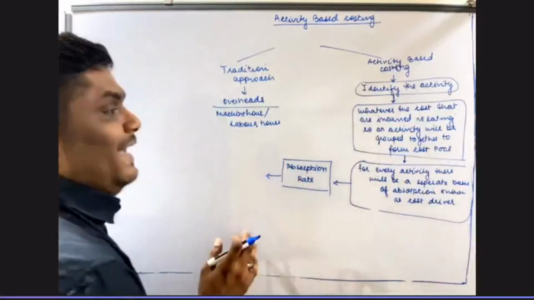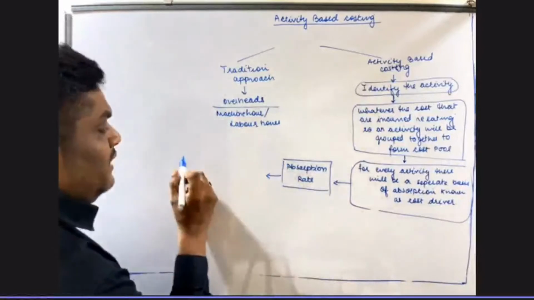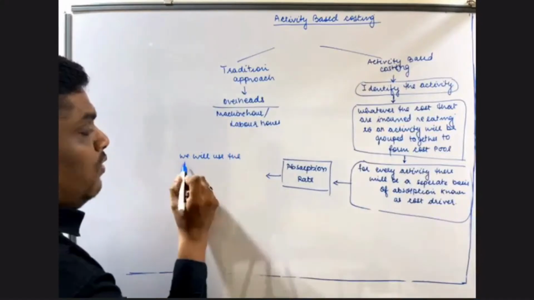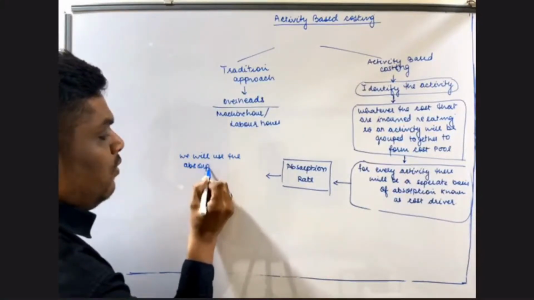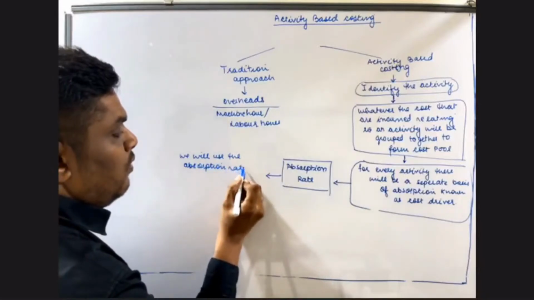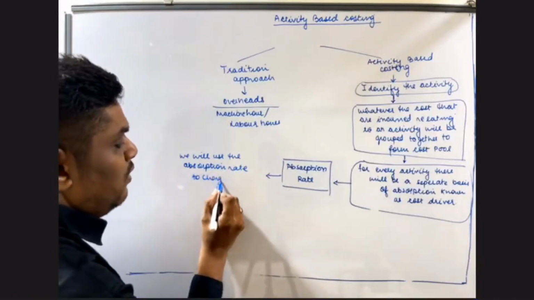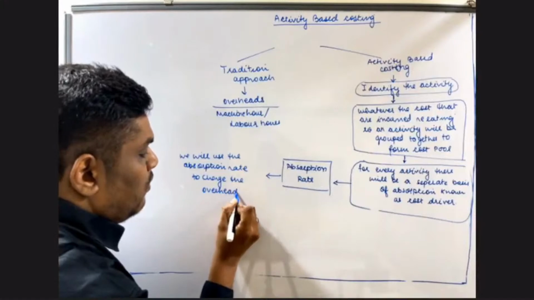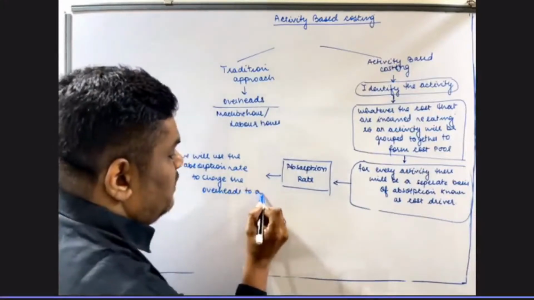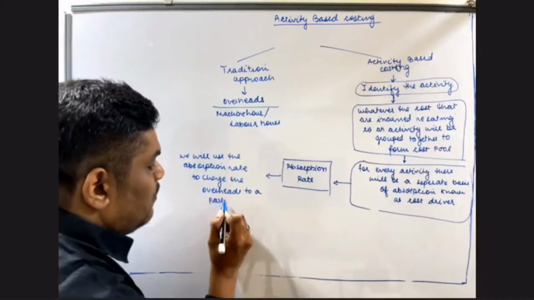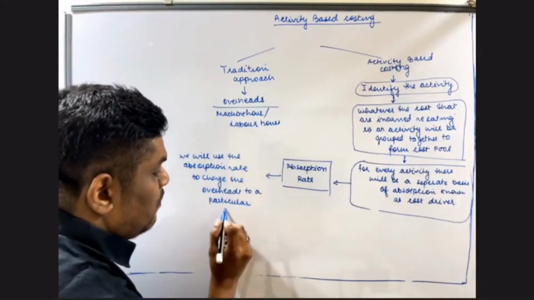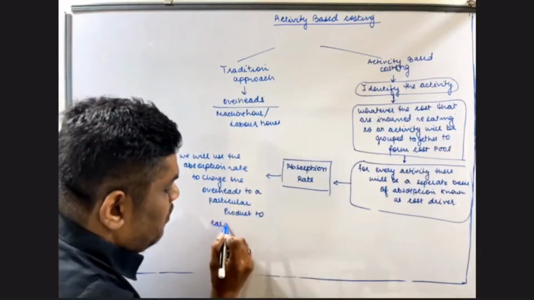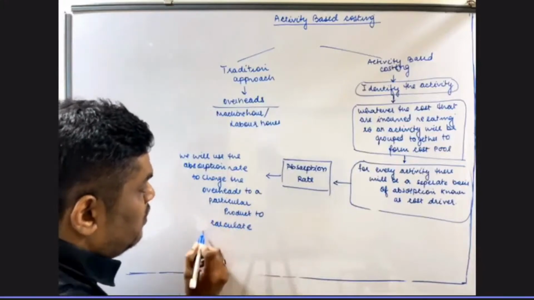And once the absorption rate is calculated, we will use the absorption rate to charge the overheads to a particular product to calculate the total cost.